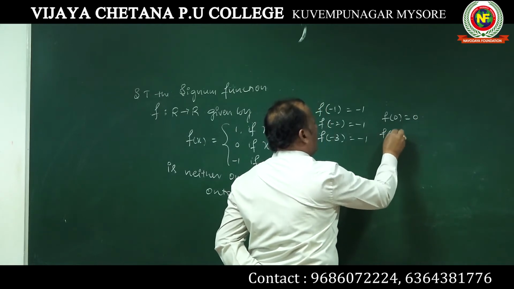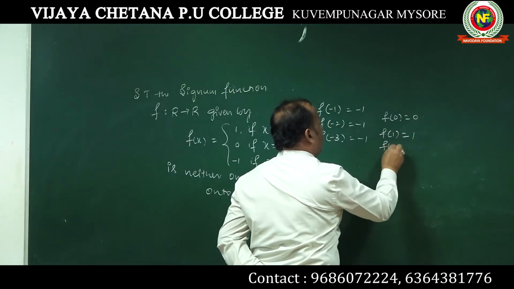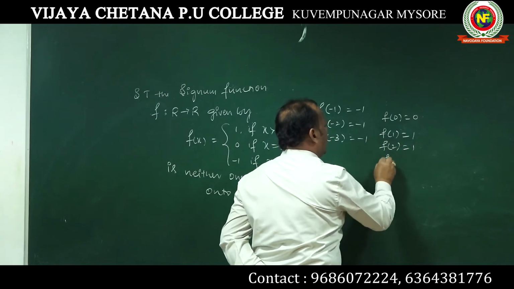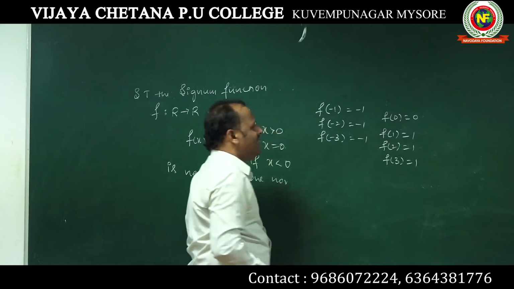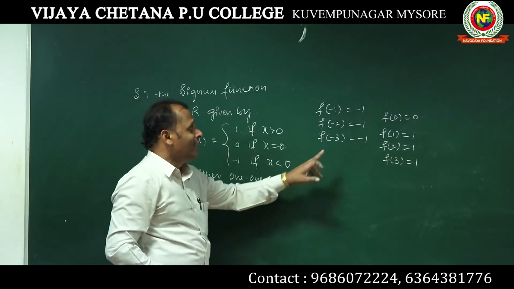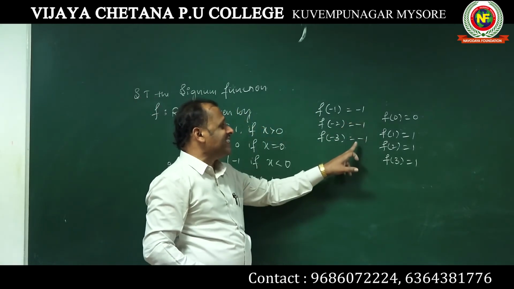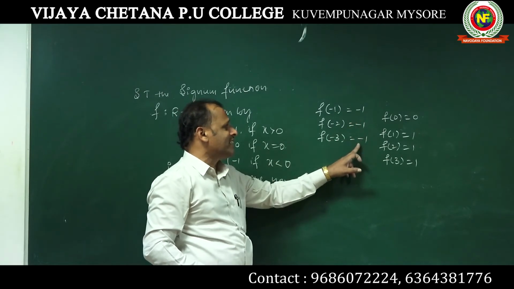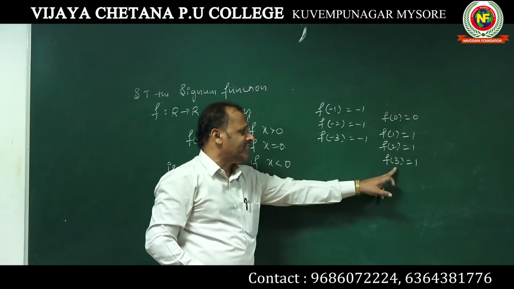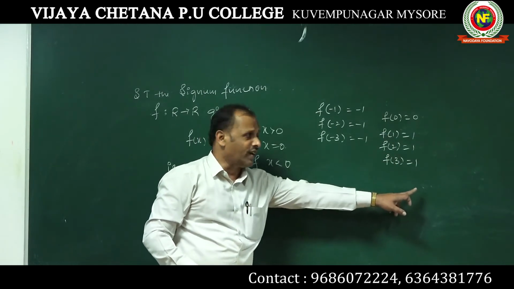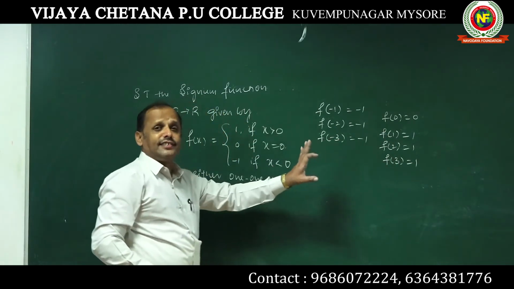Then f of 1 is equal to 1, f of 2 is equal to 1, f of 3 is equal to 1. So here, listen to me, all negative integers have the same image, and all positive integers have the same image. Therefore, it is not one-one.